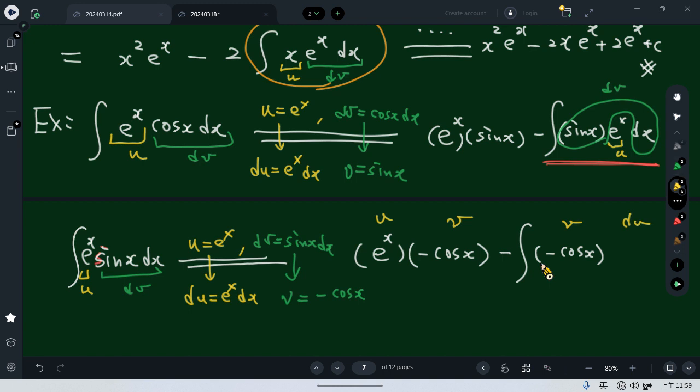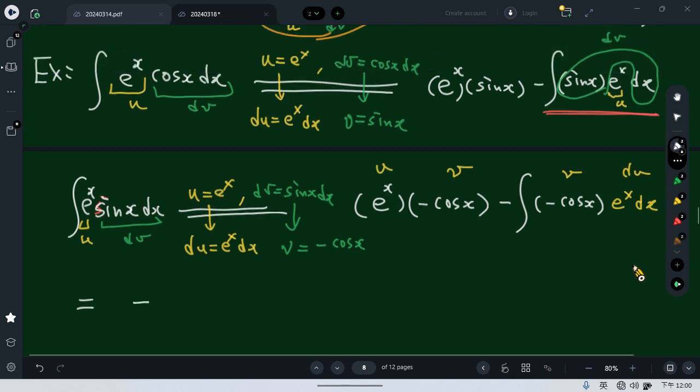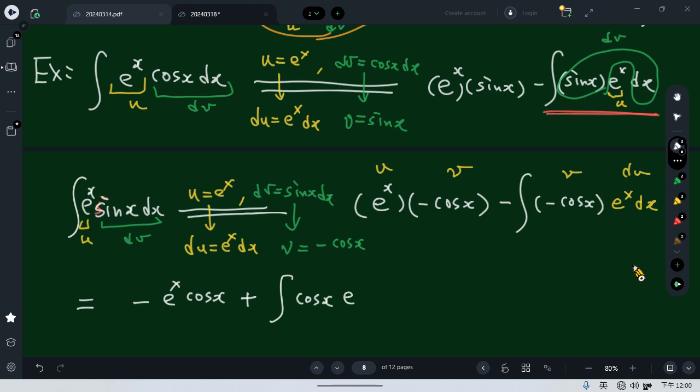du will be exponential times dx. So here, minus, then we can have minus exponential x cosine x plus the integral of cosine x exponential x dx, right?